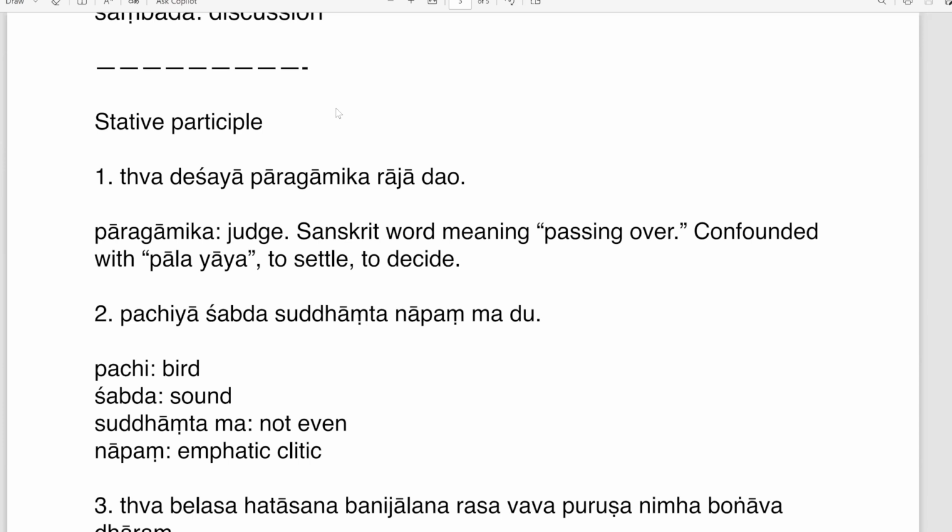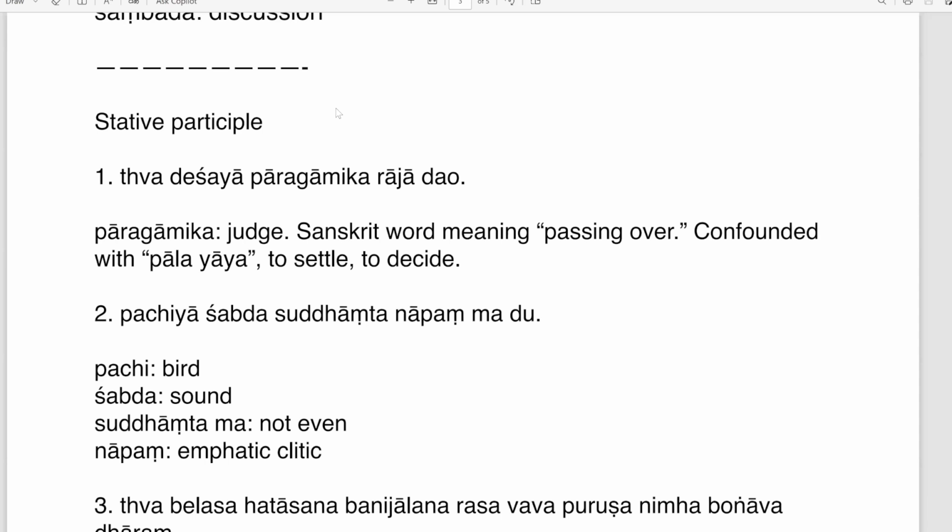So Baliaye is to settle, to decide. And so that's his suggestion about why Badagamiga could mean the judge. But that's just for your reference. And we don't know if this is the correct explanation, but anyway.